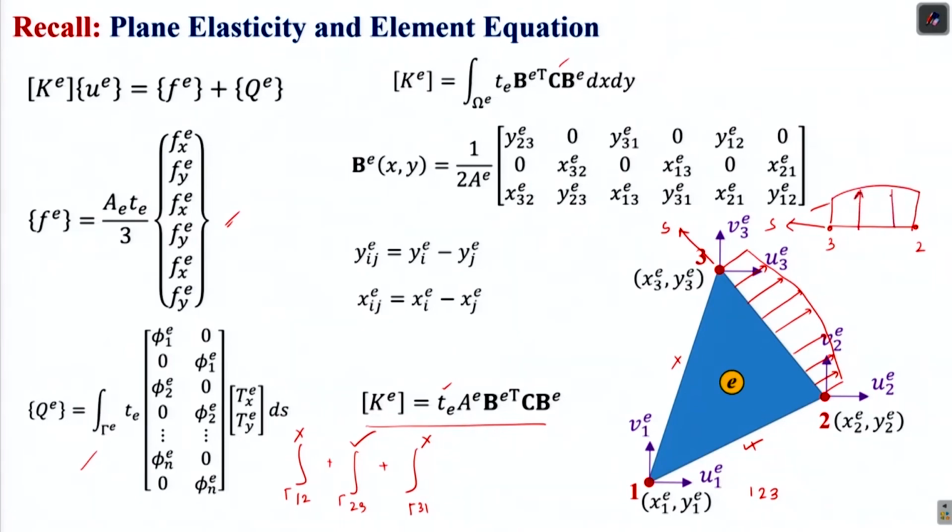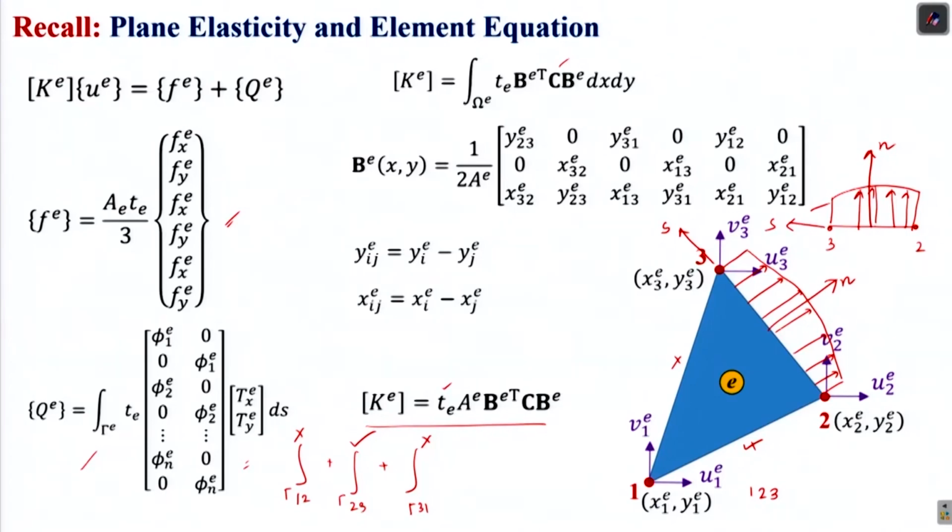And this is the unit outward normal. On this we can evaluate this integration, and then using the transformation matrix, since we know the angle, the orientation of this line, we can obtain the traction term.